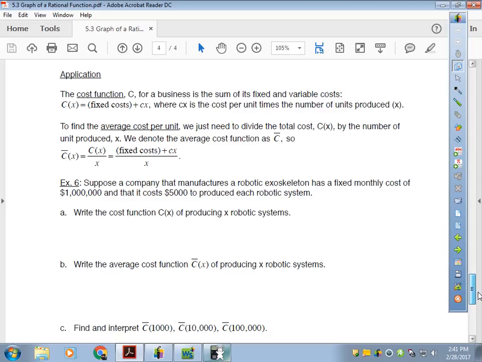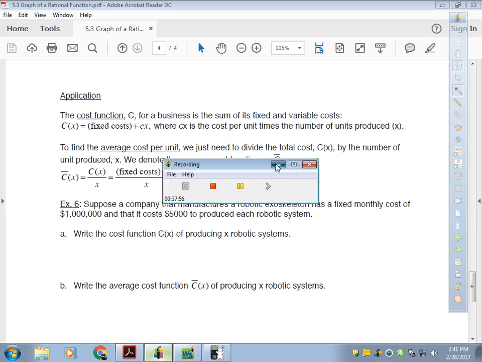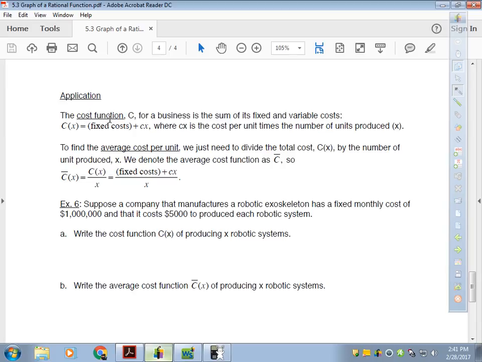Alright, the last thing we're going to look at is an application for rational functions. So we have what's called a cost function C, which businesses use to figure out how much it costs them to build X number of things.